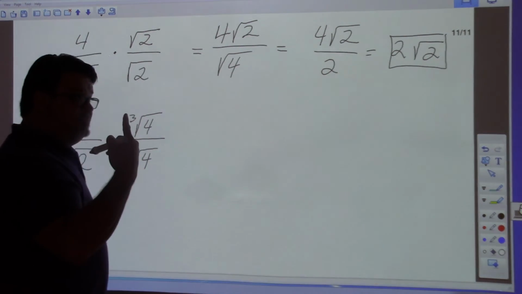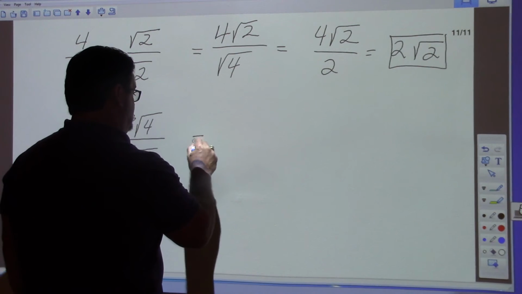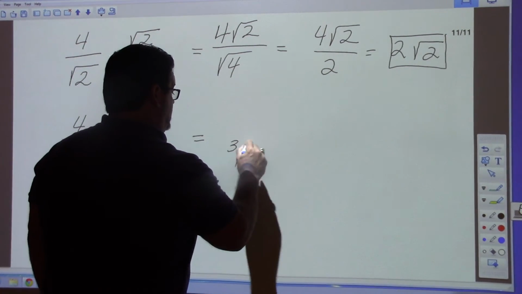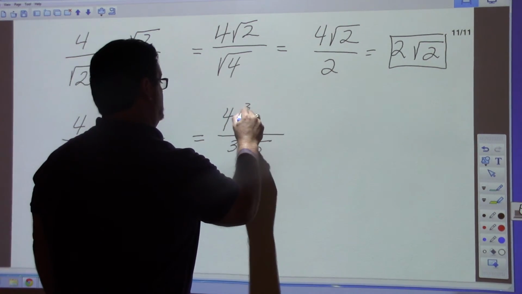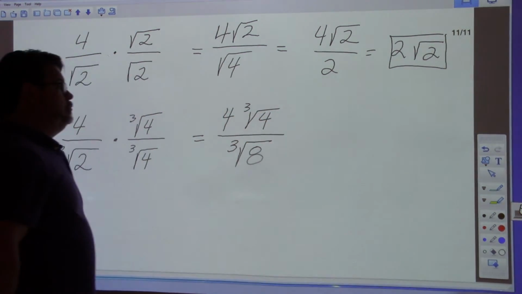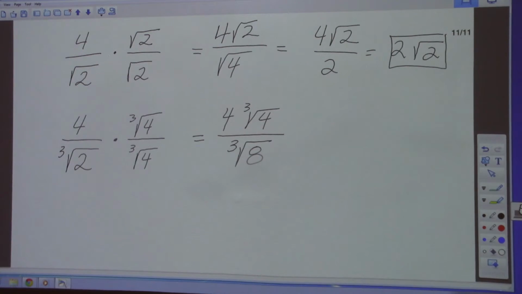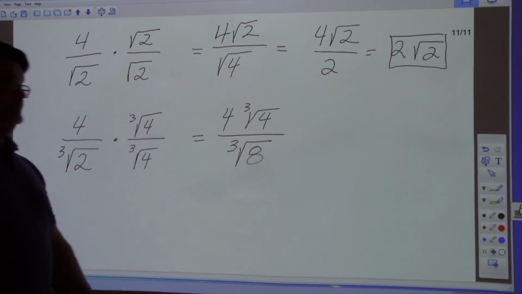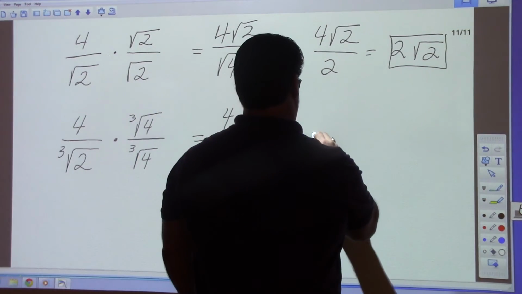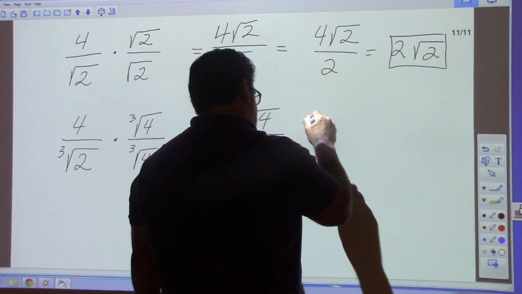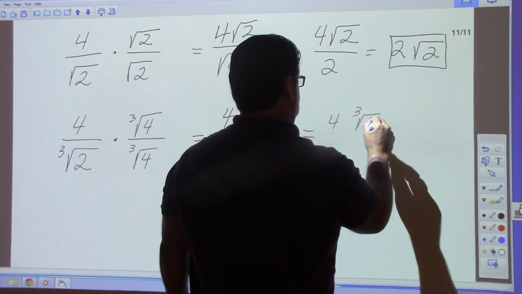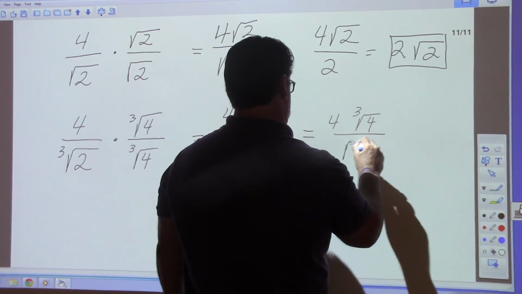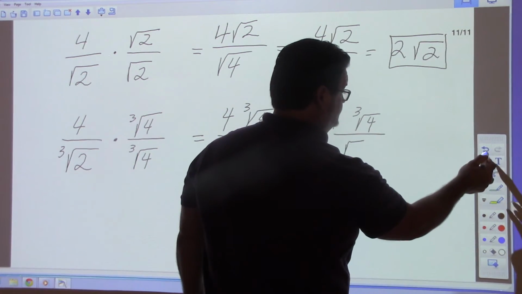You've got to think in terms of cubes. And what is the cube root of 8? Over 2.